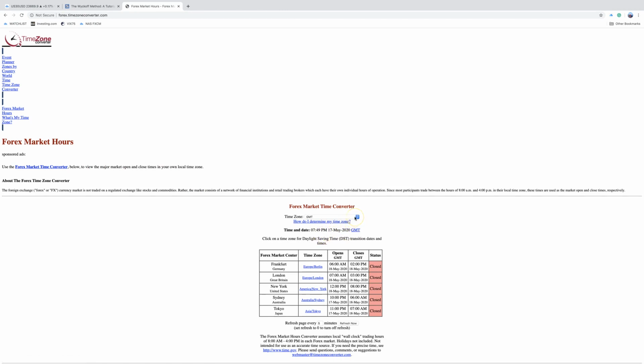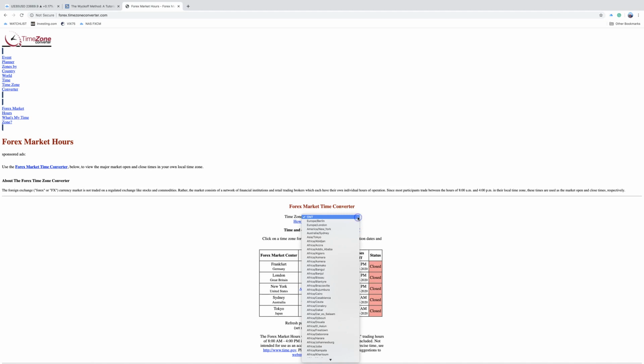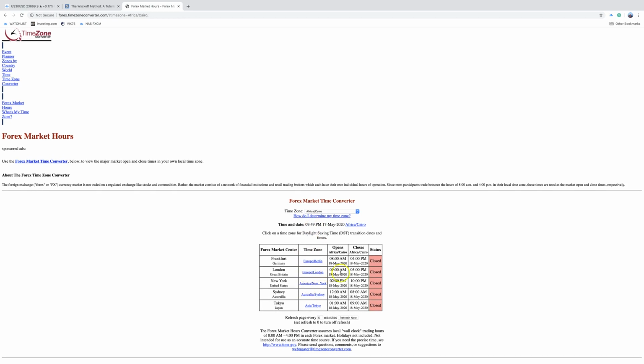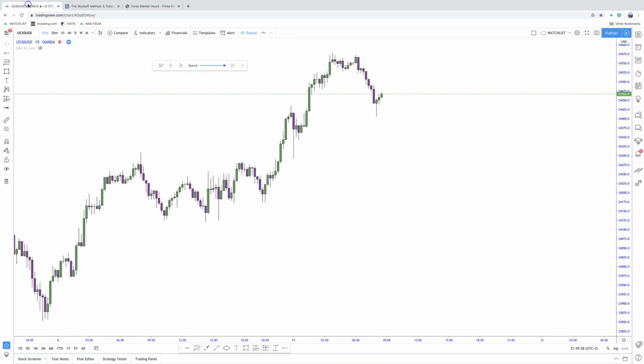Set the time now, 21:49. Okay, there we go, 9:49 is my time. So London open is at 9 a.m. my time, right? Yeah, cool. We're approaching 9 a.m.